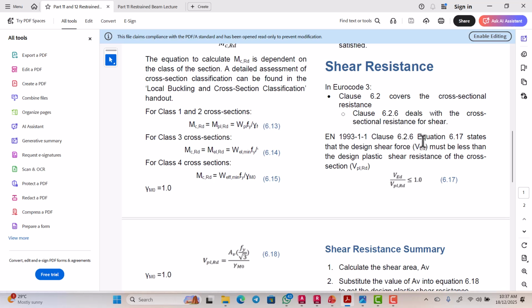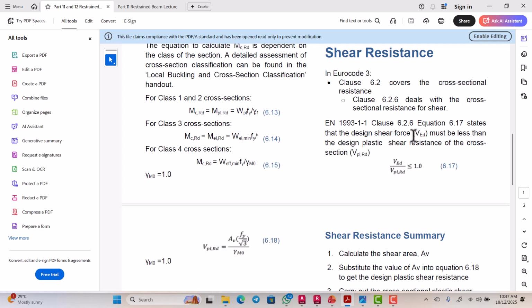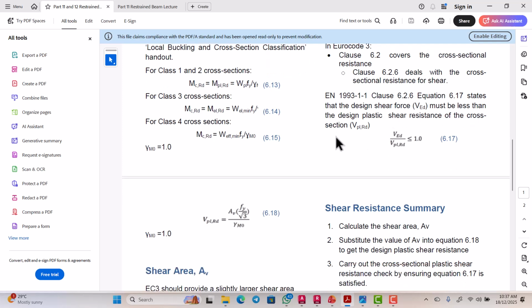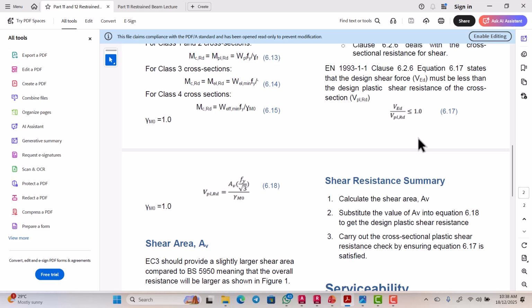Clause 6.2.6, equation 6.17, states that the design shear, which is also the applied shear, must be less than the design plastic shear resistance of the cross section, given by this notation and this equation. Whatever you have here must be less than or equal to 1.